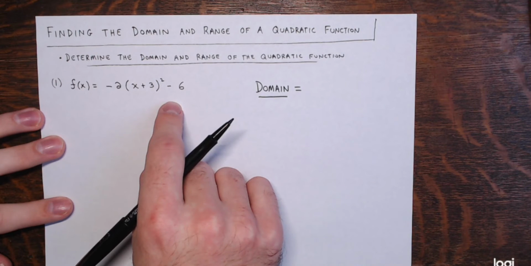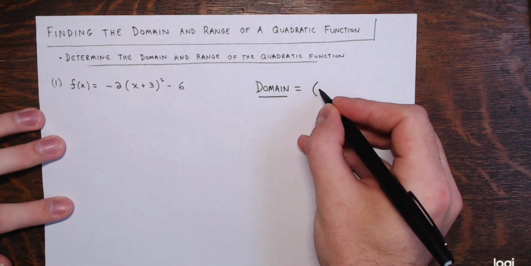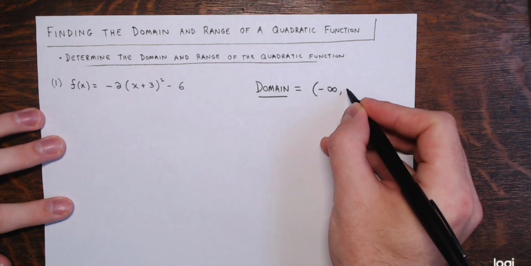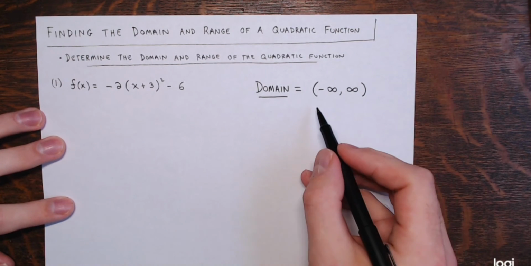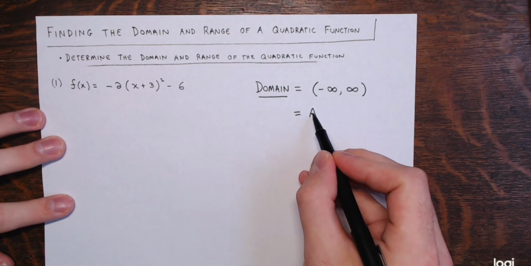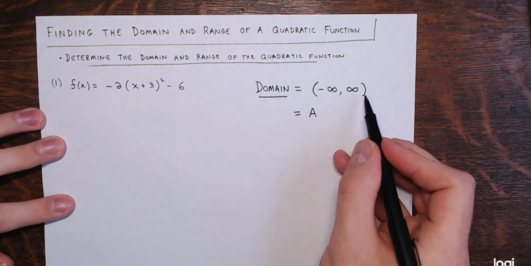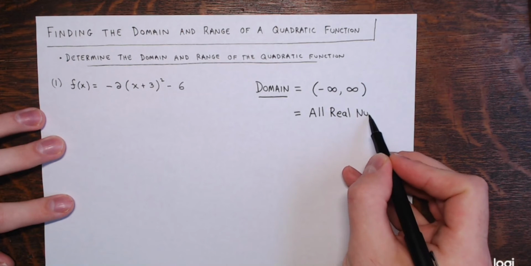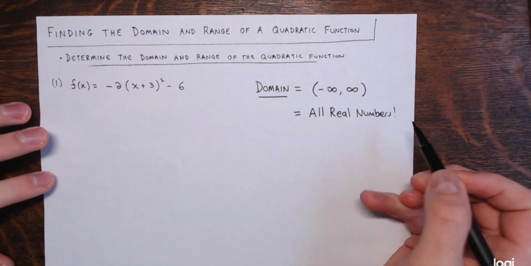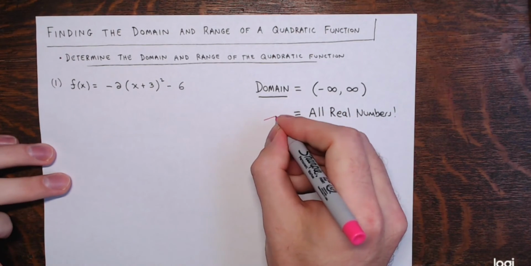So I can plug in anything I want for x. The input can be anything. So the domain is all real numbers, every value from negative infinity to infinity. If they want interval notation, you go negative infinity to infinity with parentheses. This is the case for any quadratic function.